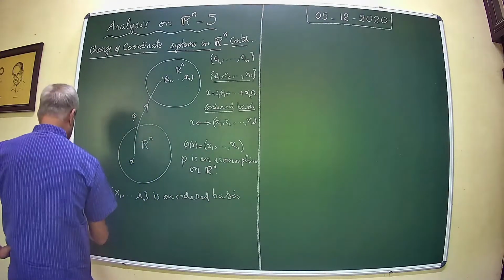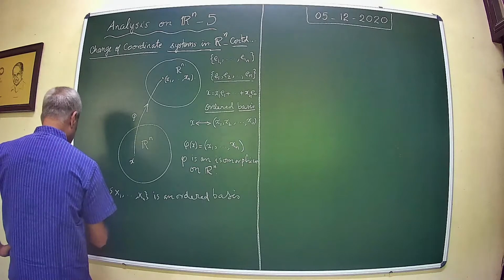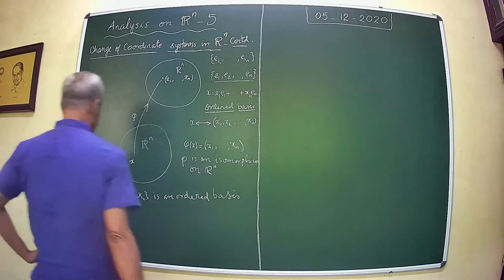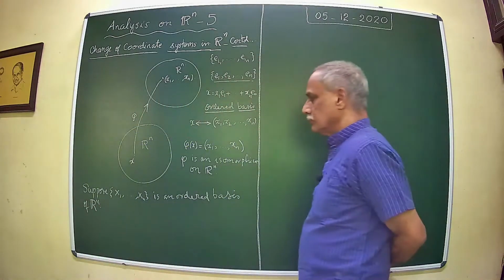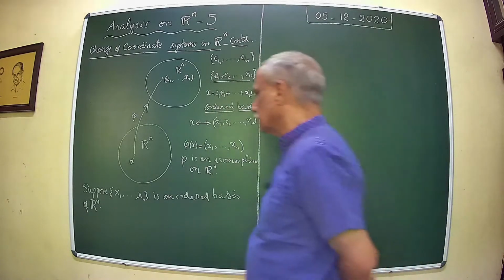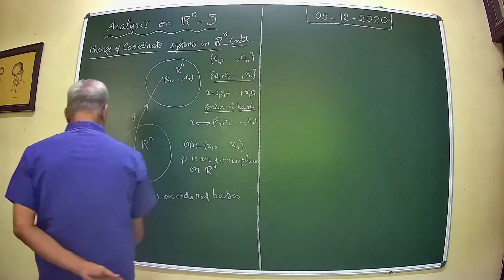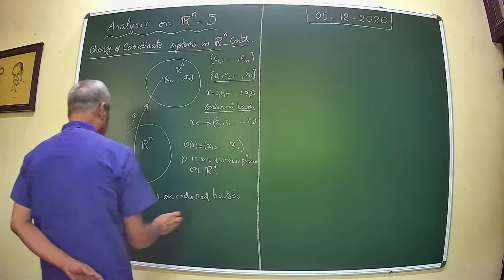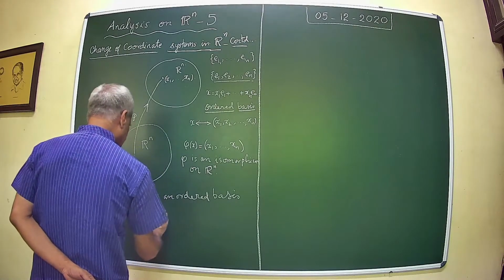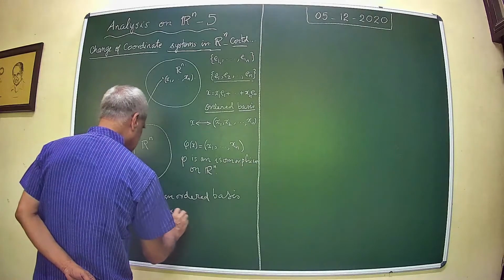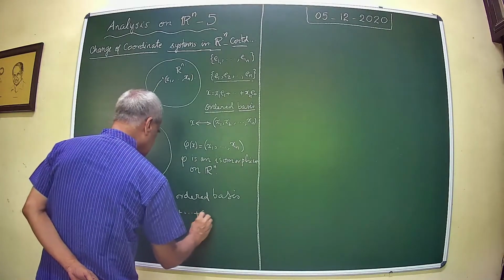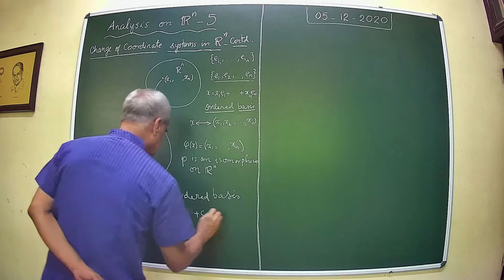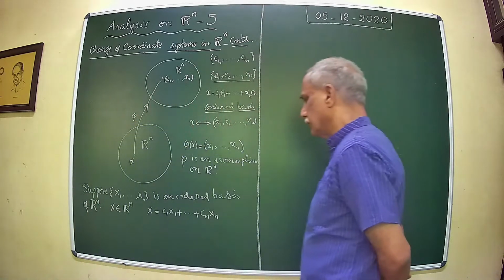Now you see that any x belonging to Rn can be written as x equal to c1 x1 plus etc. plus cn xn.